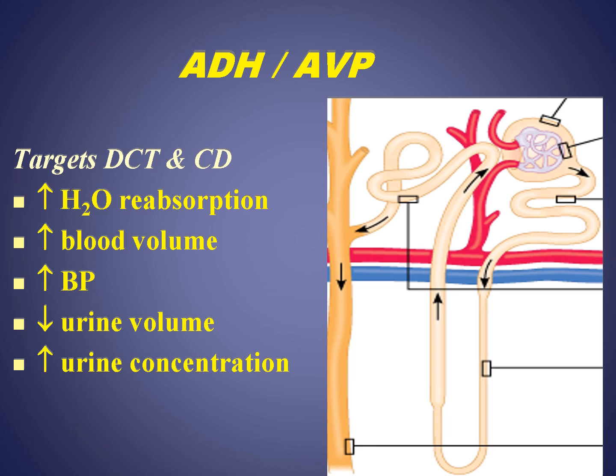Once you increase blood volume, you increase blood pressure by both mechanisms: increased water reabsorption increases the blood volume, and on the other hand, vasopressin causes vasoconstriction of blood vessels to raise the blood pressure. The net result of increased water reabsorption from renal tubules is that the urine volume will be decreased and the urine concentration will be high. So the end result is secretion of a low volume of highly concentrated urine.